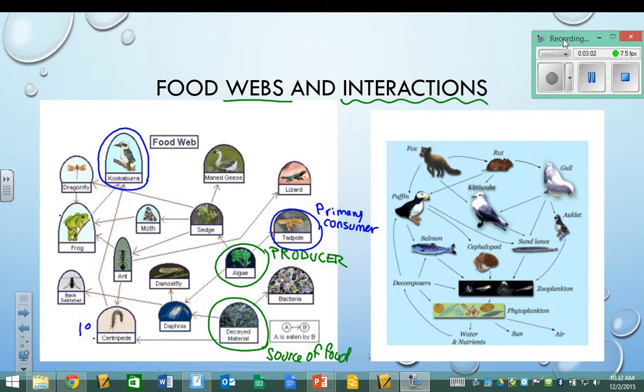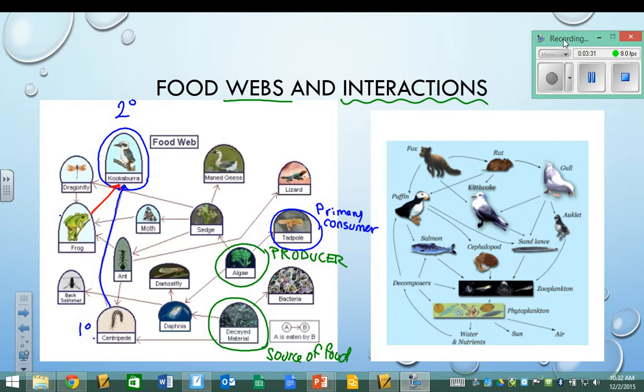We'll call the centipede a primary consumer because it's eating the food source. So it's not directly a plant, but it's the remains of possibly a plant. In this line then, if I follow it up to the kookaburra, it's a secondary consumer because it's eating the primary consumer.